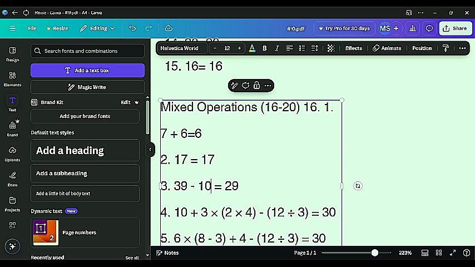Easily gives us 10. And 10 minus, let us confirm it. Okay, 10 minus, no, sorry, 39 minus 10 equal. Very good. She's giving us 29. 29 was our answer.